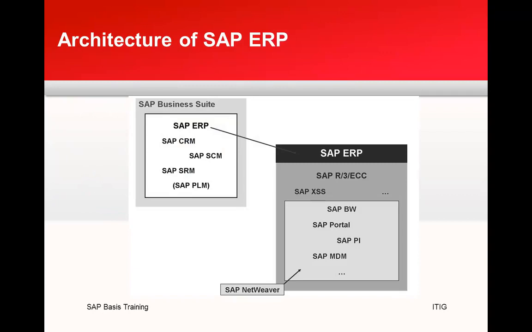Now from the architecture perspective, you have the business suite, and this is the breakup of ERP. Under ERP you have SAP NetWeaver, with MDM, PI, Portal, BW. Then you have the accesses, basically the self-service. Then you have SAP R/3 or ECC.